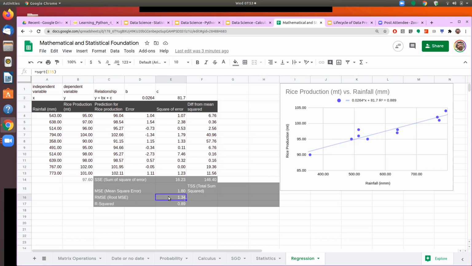And I sum these squares and divide that by the number of observations which we have. So that gives me the average error I have, and that is called the mean square error, or the MSE. That's the average error I have in my estimation. But since I had squared these errors, I need to take the square root of that.